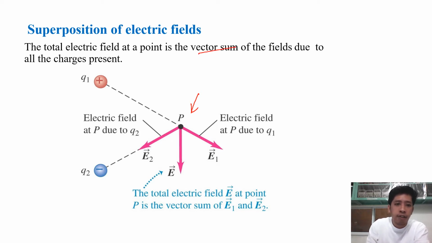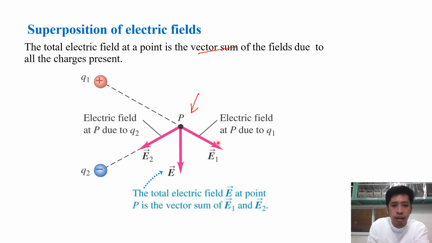If you have a positive charge and a negative charge, and you want to find the electric field at point P, you know that the electric field for a positive charge is radially outward along the line of action between the source charge and the field point.